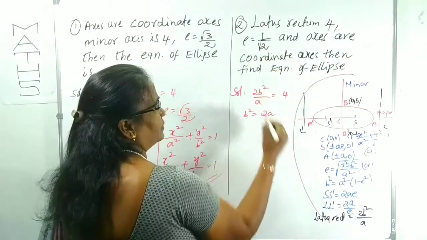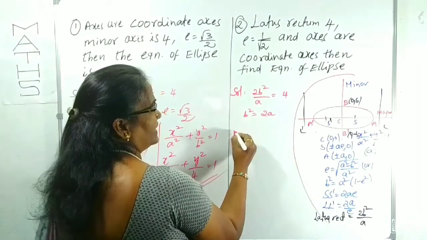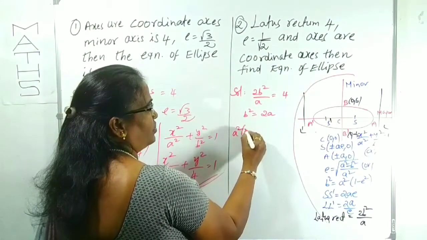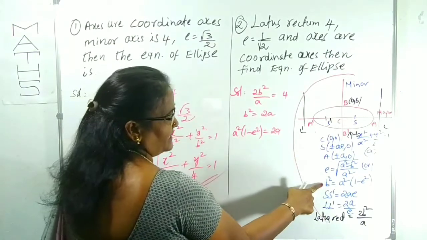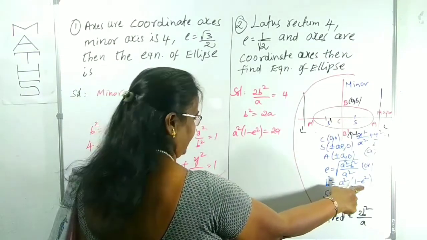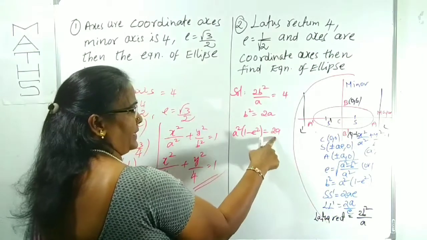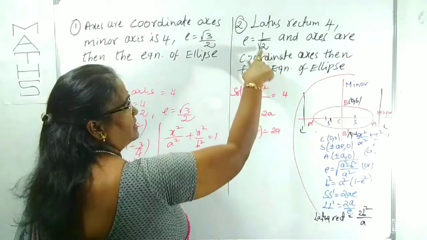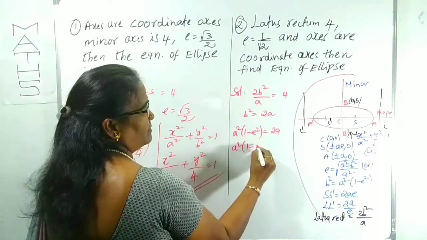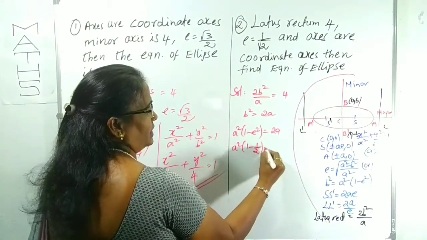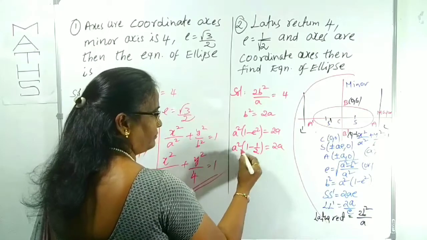And what is the e value? b square you can write as a square of 1 minus e square, which is equal to 2a. You know e value is 1 by root 2. Therefore a square of 1 minus 1 by root 2 whole square, which is 1 by 2, is equal to 2a.